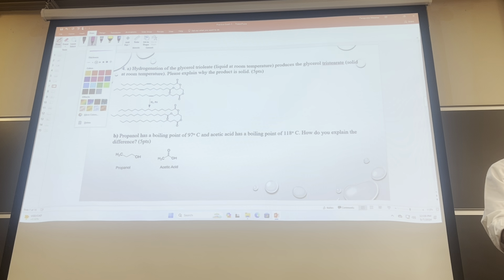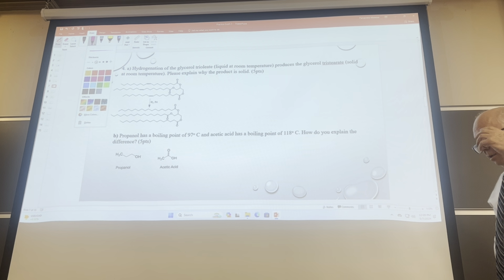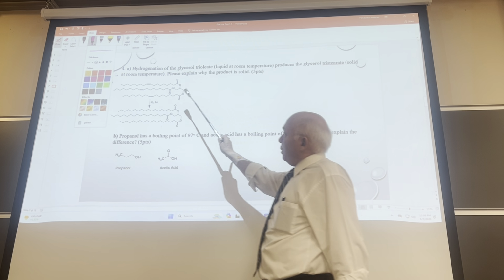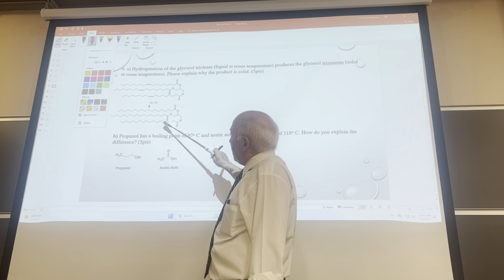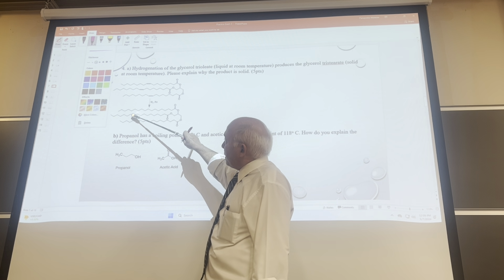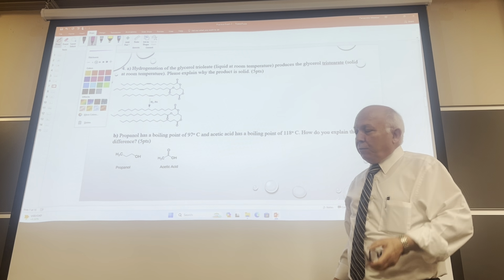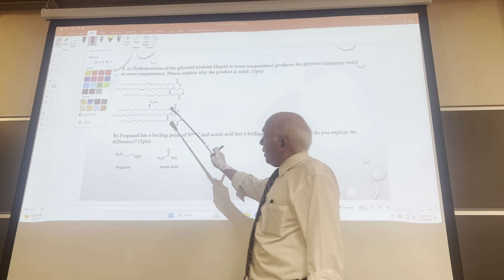The whole idea here is that the double bonds disrupt the alignment of the chains, right? Remember when we spoke about it? When we have the chains, the strands of these molecules, the single bonds allow the strands to be parallel next to each other to have maximum non-polar interactions, London dispersion forces, temporary dipole-dipole interactions, however you want to call it.